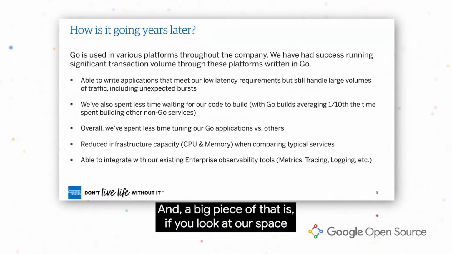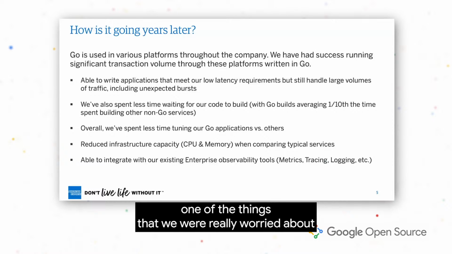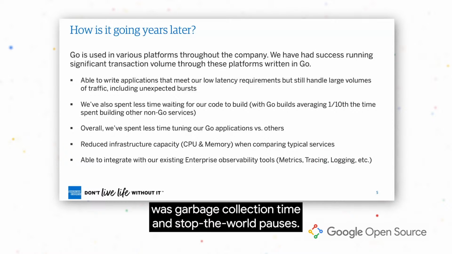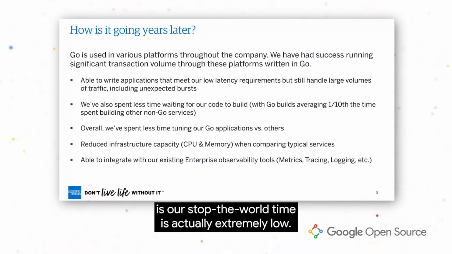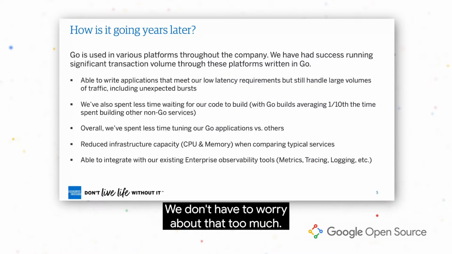And a big piece of that is, if you look at our space, one of the things that we were really worried about was garbage collection time and stop the world pauses. And what we see with Go is our stop the world time is actually extremely low. We don't really have to worry about that too much.